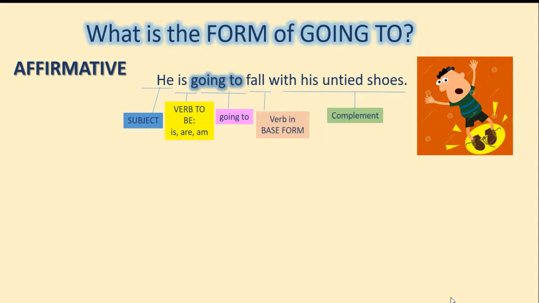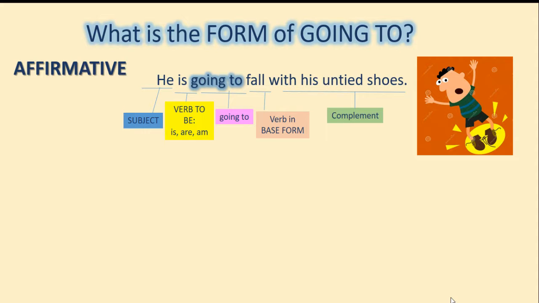If you have he is going to fall with his untied shoes, we have first the subject, then our best friend for this unit, the verb to be: is, are, and am. Then you have going to. Obviously, sweeties, please, if you're going to use going to, we must have going to, okay? Then fall, that is the verb in base form, and then you have the complement.